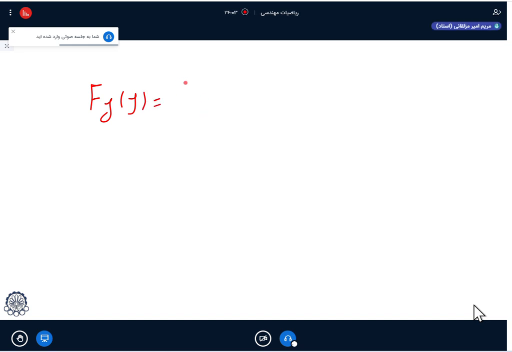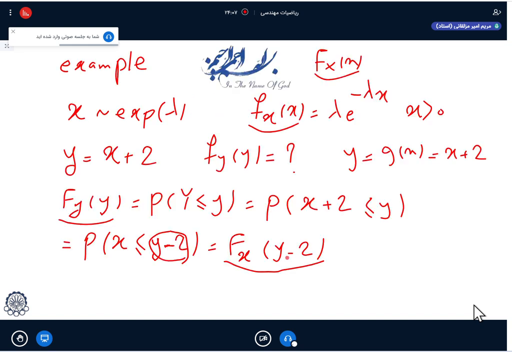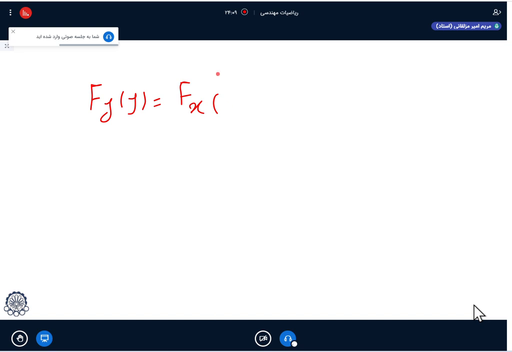We obtain that the CDF of y is equal to the CDF of x at the point y minus 2. But pay attention that we want to compute the PDF of y. We have the CDF of y and we want the PDF of y.